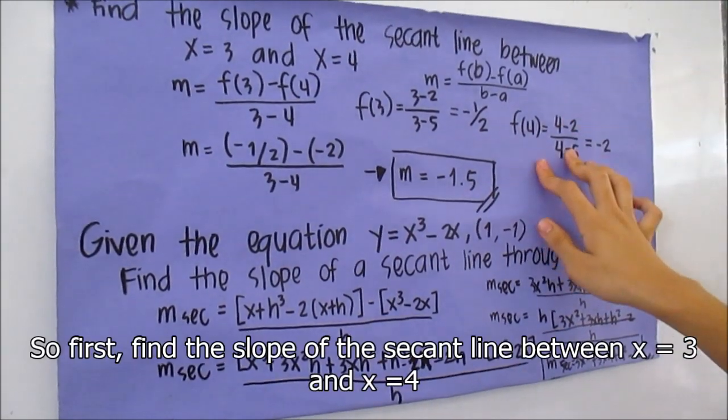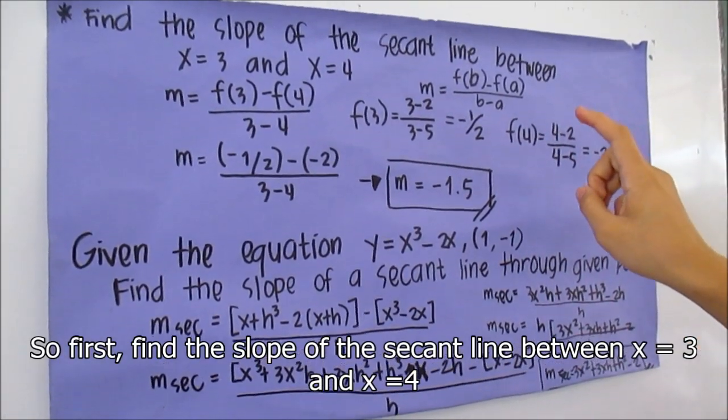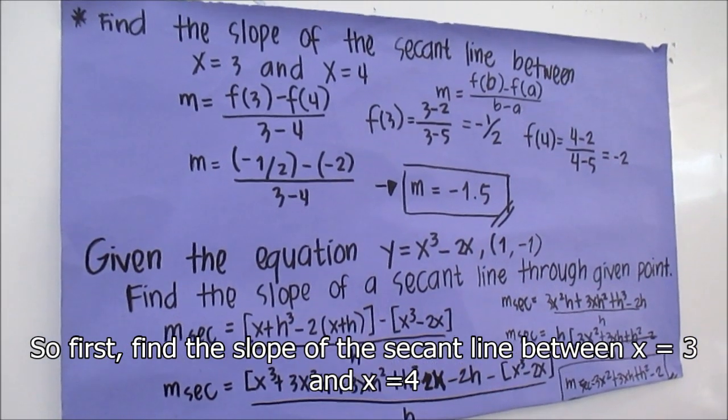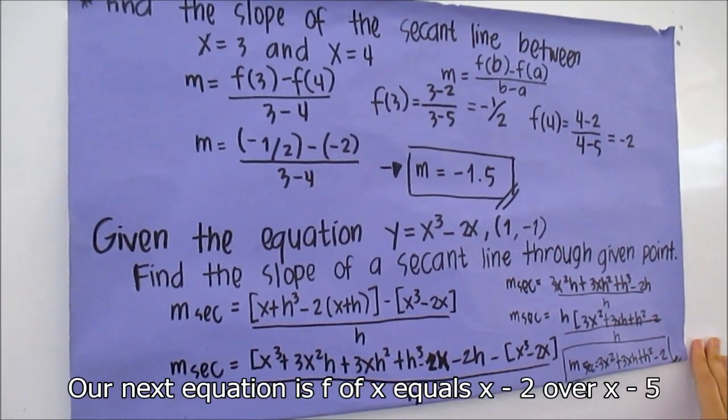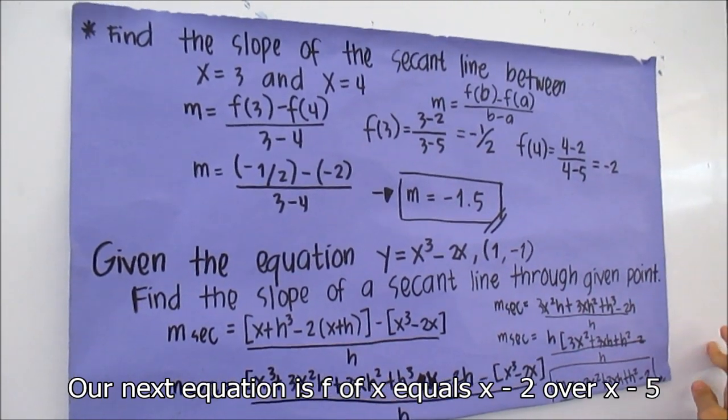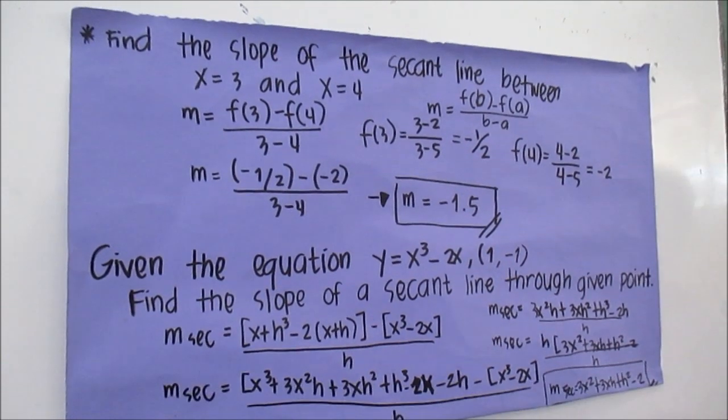So first, find the slope of the secant line between x = 3 and x = 4. Our function's equation is f of x equals x minus 2 over x minus 5.